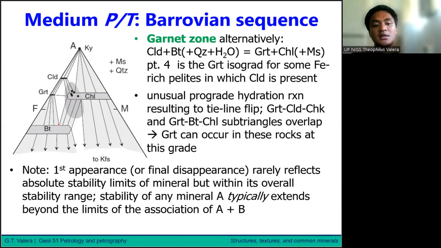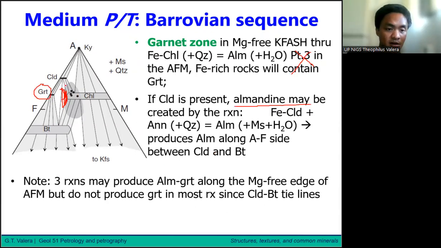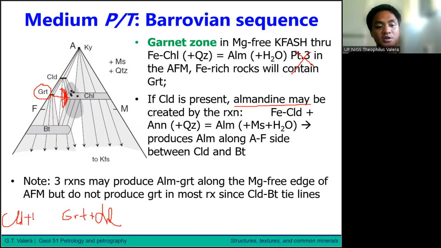Ito yung dinidiscuss natin kanina. Yung from here, we create a new tie line, garnet chlorite tie line. That new tie line replaces yung chloritoid biotite tie line. So basically the reaction goes: chloritoid plus biotite equals garnet plus chlorite.